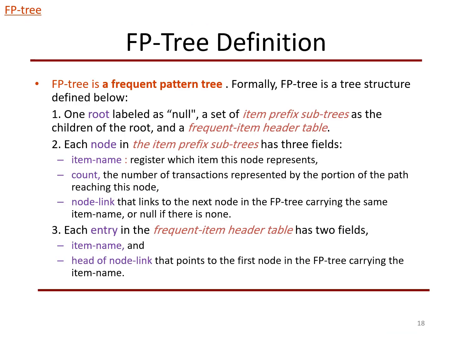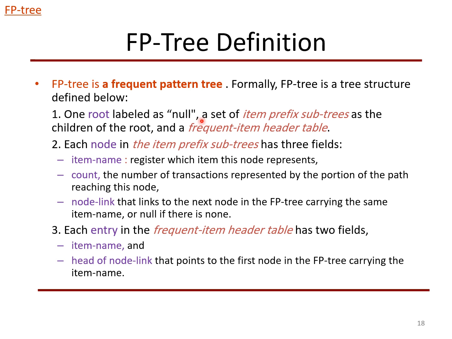Okay. So now that we have constructed the FP tree, we have some definitions about the FP tree before we continue with identifying our frequent patterns. So FP tree is a frequent pattern tree, and it's actually a tree structure that has one root, and the root is labeled as null.